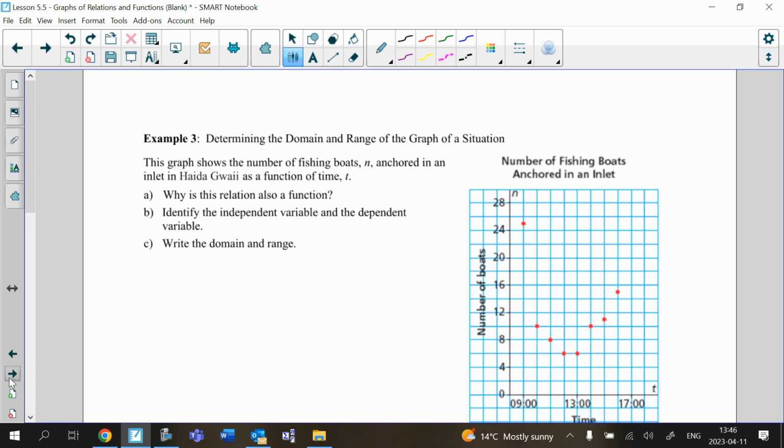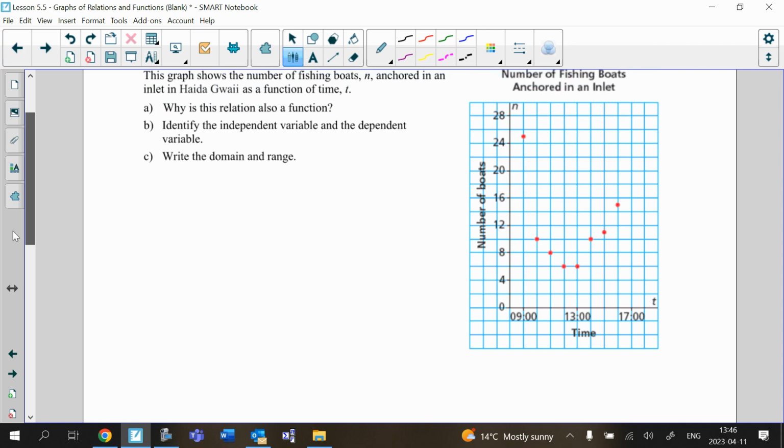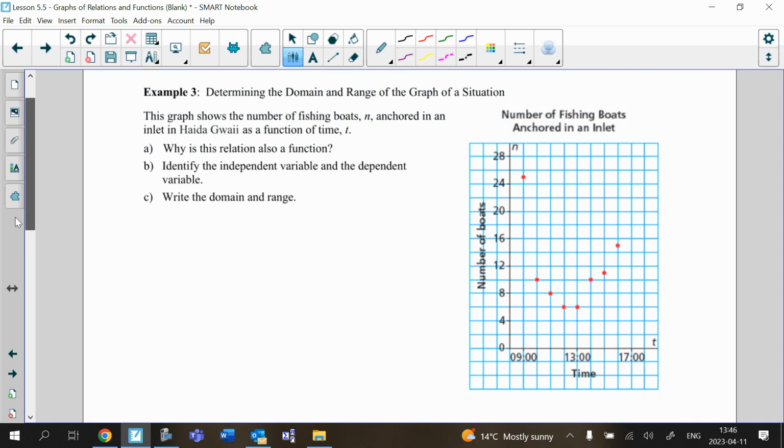So, we've got number of fishing boats anchored in an inlet over a certain period of time. Function? Yes, it is. Why? Can't draw a vertical line through more than one point.